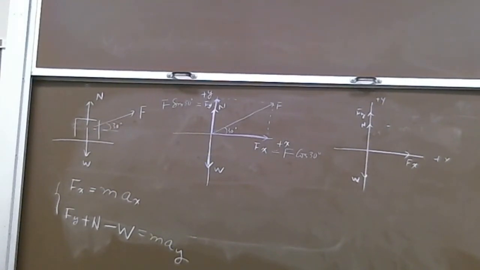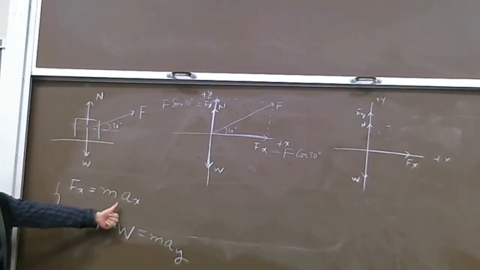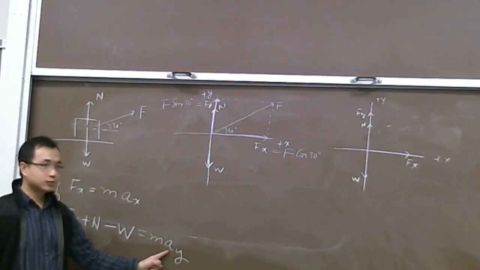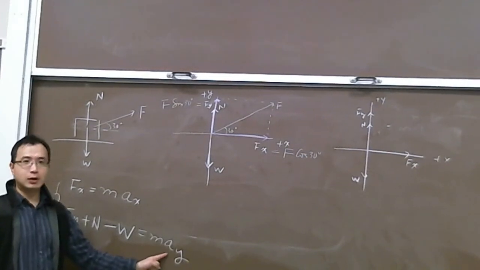Another thing you need to look at is, sometimes we may know one or two components of the acceleration. In this case, we actually know the acceleration in y direction. What do we know about it, ay? 0. It should be 0.